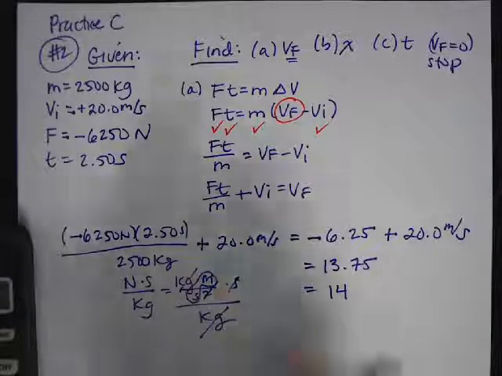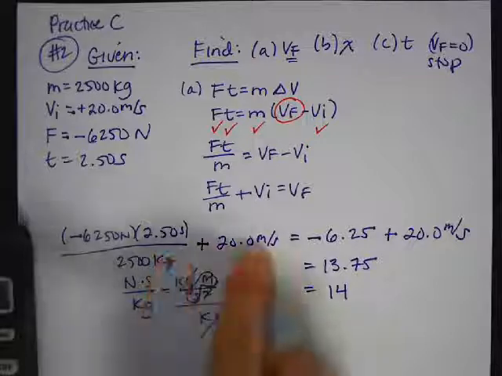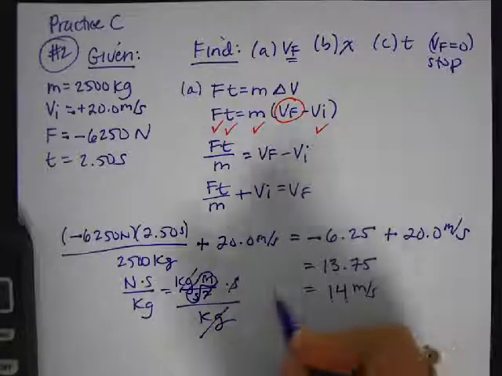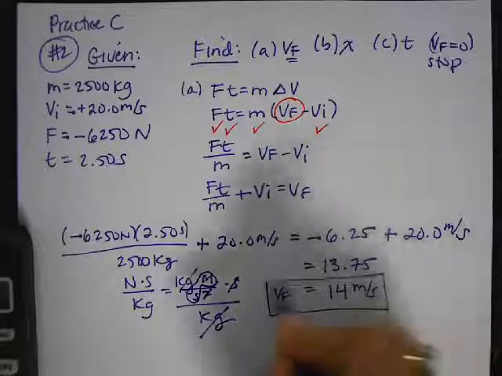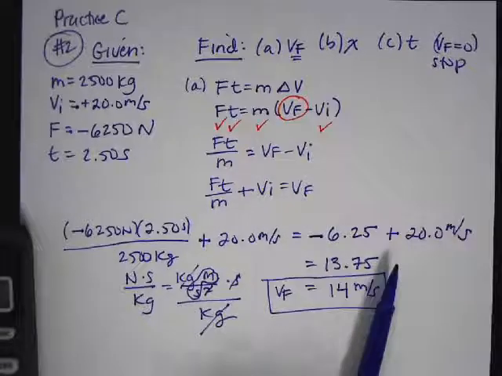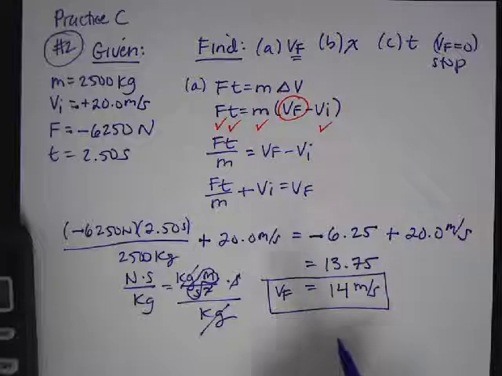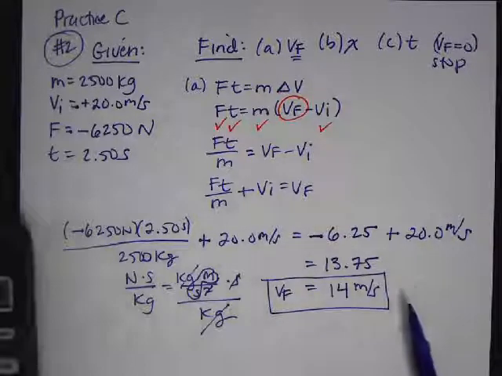Is that a correct unit? Yes. And then I can add them, a meter per second and a meter per second. So this is 14 meters per second, and that's it. It's going in the same direction because it's positive. If it was negative, then the Vf would be negative.